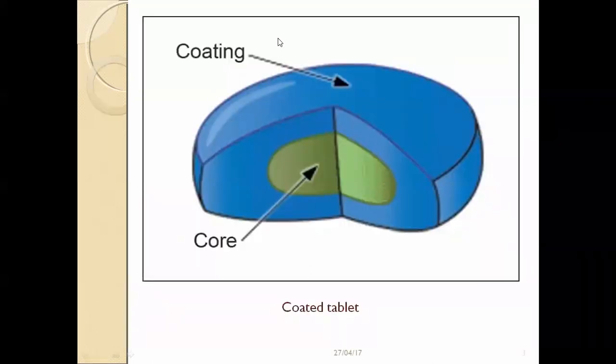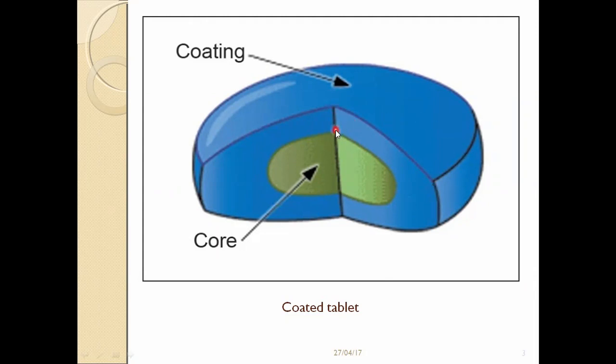Now from this picture, I think it will be more clear to you. Now the green portion which you see over here, I hope everyone can see this picture in a clear manner? Yes, sir. So you can see the green core which is shown over here. Now this core is of a tablet, okay? And to the exterior of this core of a tablet, you have applied a coat which can be seen over here with the help of the blue color.